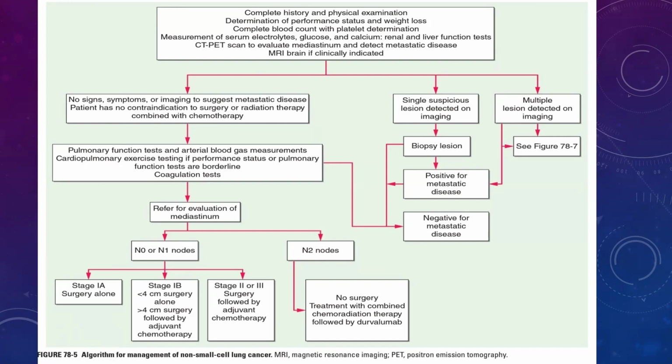If the patient falls under stage 1B, then that would depend on the size of the tumor. If it's less than 4 centimeters, surgery alone will suffice. But if it's more than 4 centimeters, then we can do surgery followed by adjuvant chemotherapy.